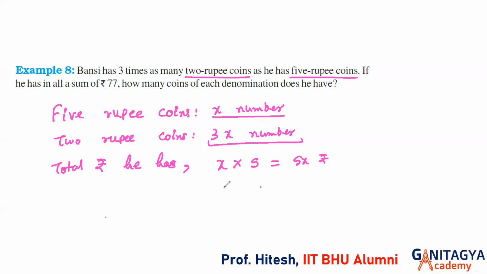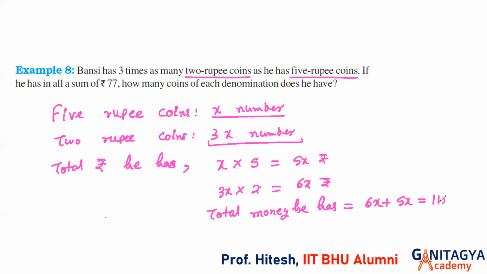And 3x into 2, this much, 6x rupees, he has with the help of 2 rupee coins. So how much is the total money? Total money he has is equal to 6x plus 5x, that is 11x rupees.